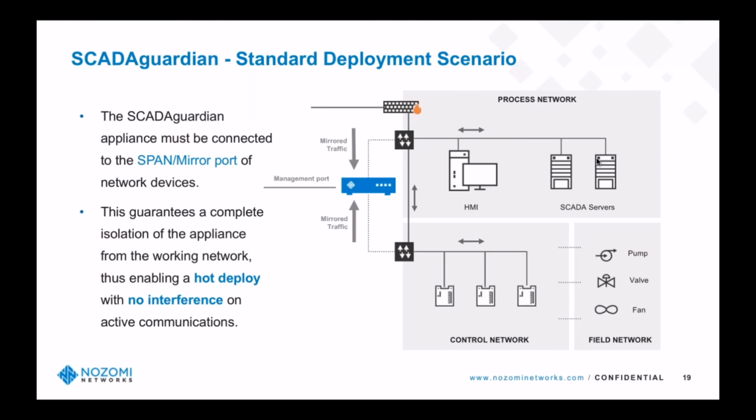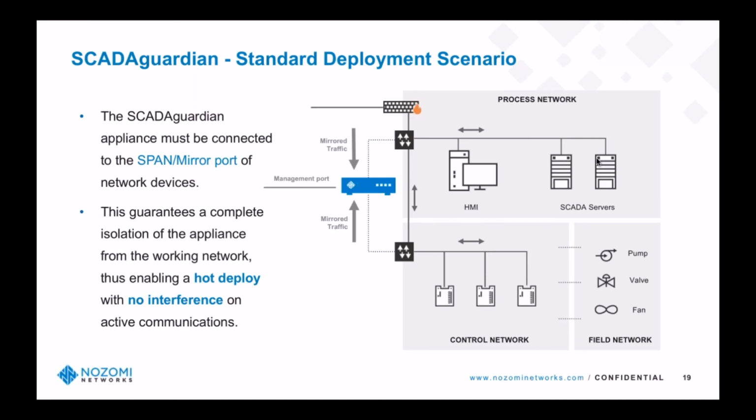So a standard deployment model scenario for a ruggedized industrial cybersecurity solution will definitely at least be implemented in some form similar to this, where we're going to be able to connect via SPAN or network ports of network devices to guarantee the isolation of the appliance.